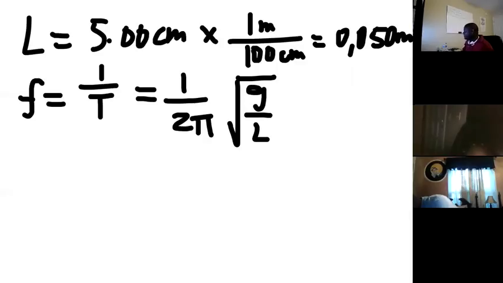Remember, you have to flip both terms. So 1 over the square root of L over G is the same as the square root of G over L. Does that make sense?